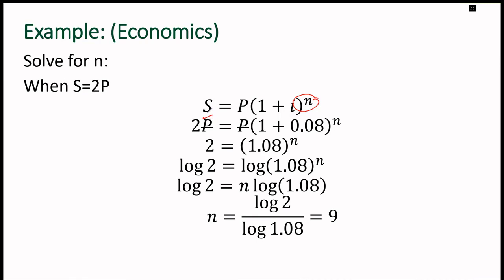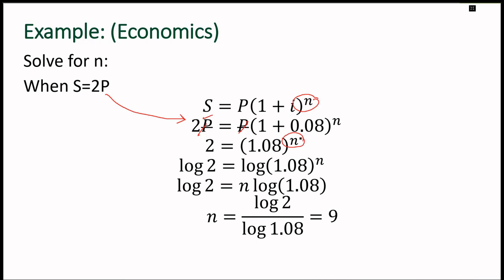Since S is equal to 2P, we substitute this here, so we can cancel out the P. What remains is 2 equal to 1.08 to the power of n.